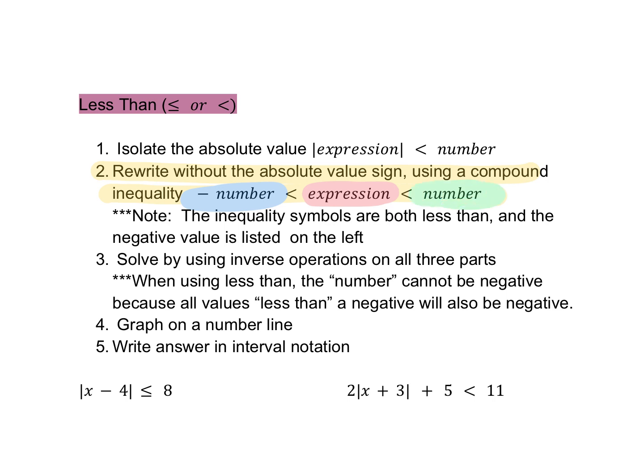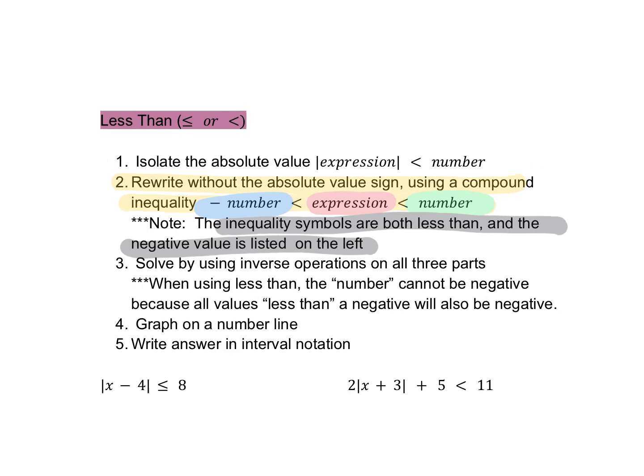Note that the inequality symbols both point toward the smaller number, they're less than, and the negative number is on the left. You're going to solve by using inverse operations on all three parts.